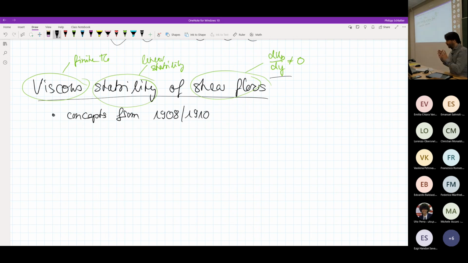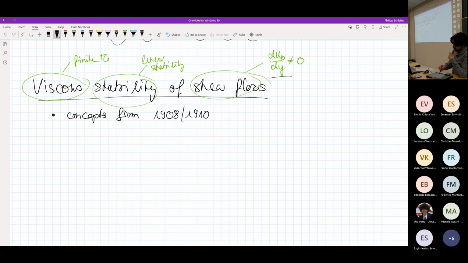Maybe I will show you some slides later on the historical perspective, but it's important to realize that at the end of the 19th century, I think it was 1886 or so, Reynolds came up with his pipe flow experiments, and not much later it was Lord Rayleigh who did inviscid stability analysis. So he neglected the viscous term and could see that under certain circumstances an inviscid flow, an Euler type of flow, would become unstable.